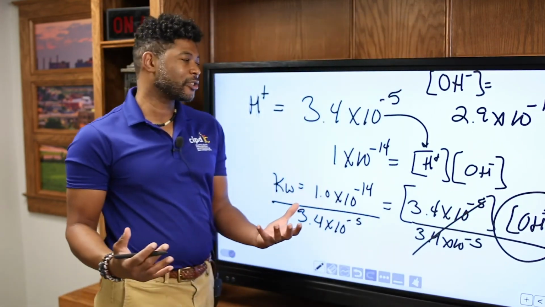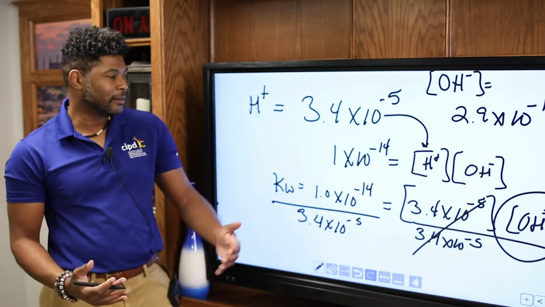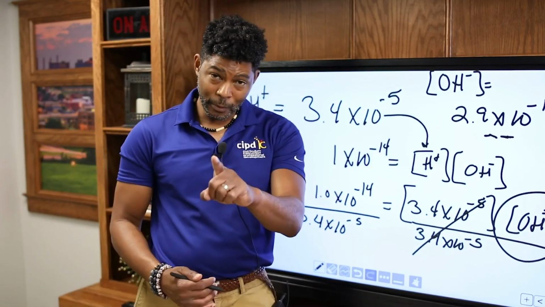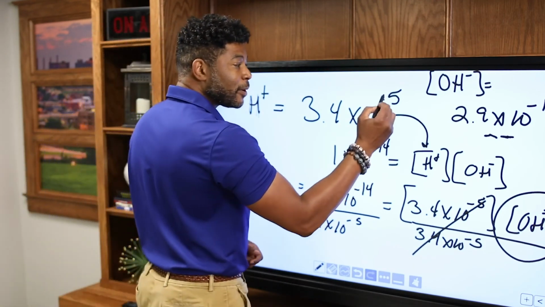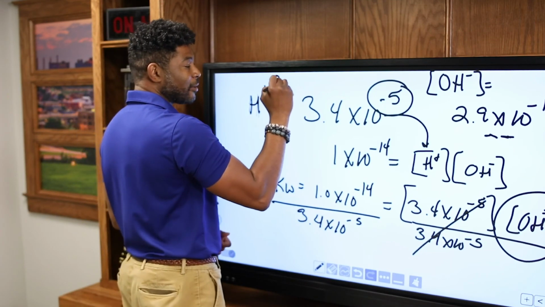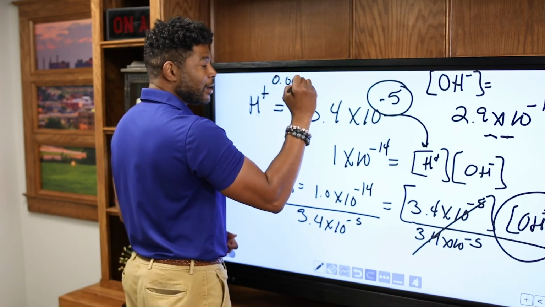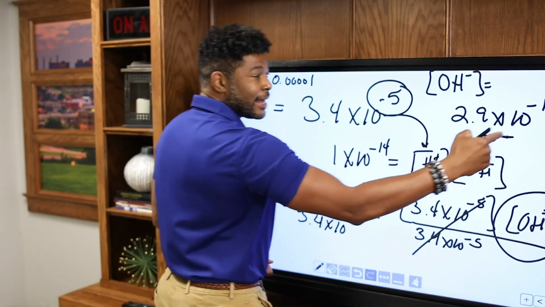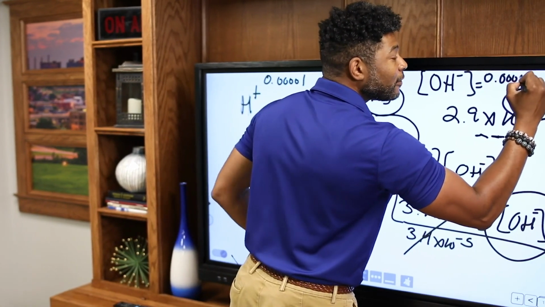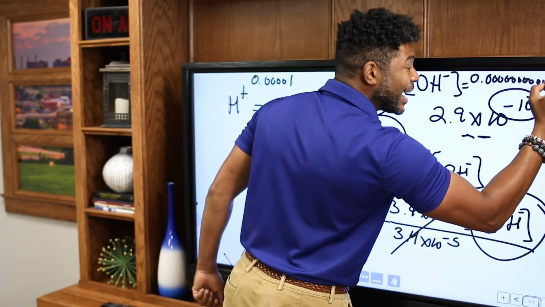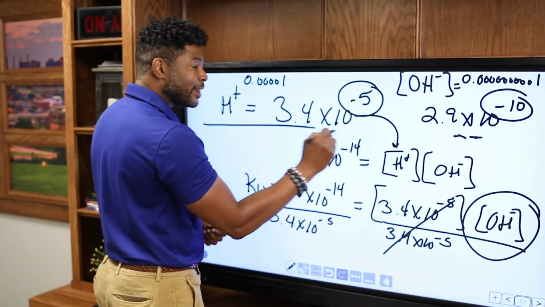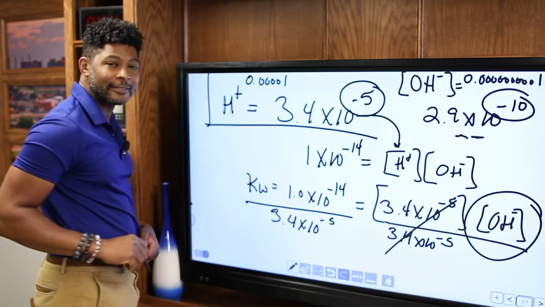Now, here's the question. Which number's bigger? Is this bigger or is this bigger? Well, remember what we said. When we're looking at our exponents, this is technically like saying 0, 1, 2, 3, 4, and then a 1. This is like saying 0, 1, 2, 3, 4, 5, 6, 7, 8, 9, then a 1. So who's bigger? This is. And so in this case, this would be an acid.